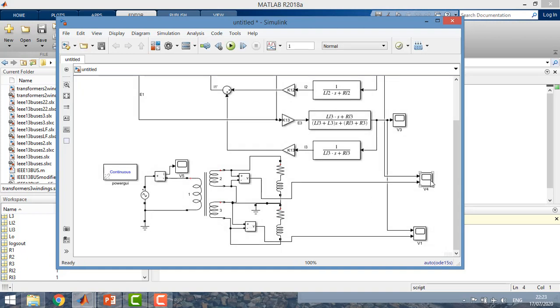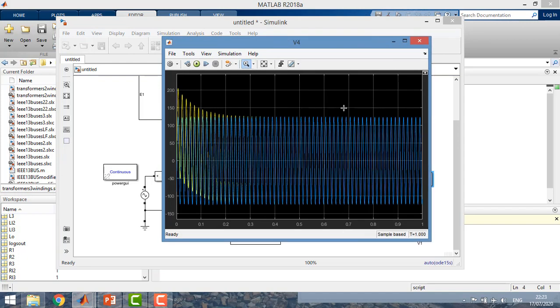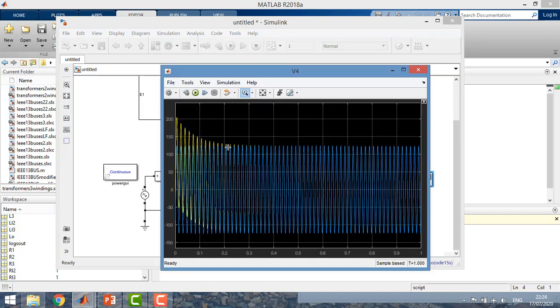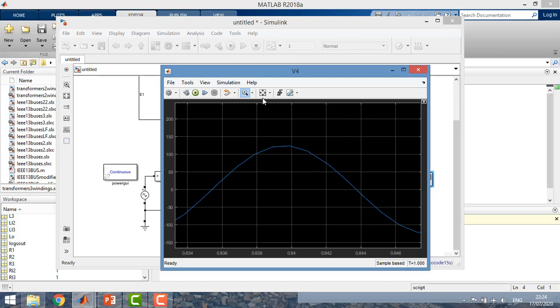Running the model again, we can see that at the beginning there will be a difference due to different approaches of the modeling, but after a very short time they will be identical.